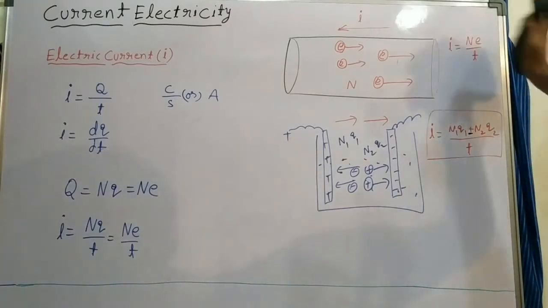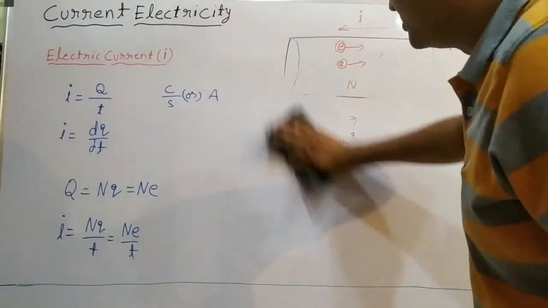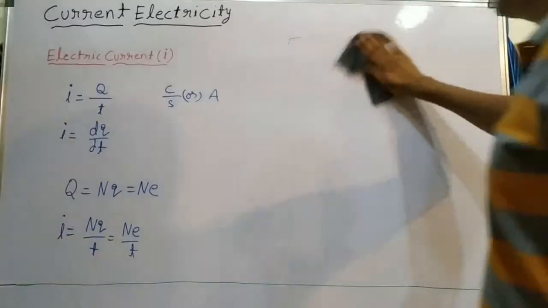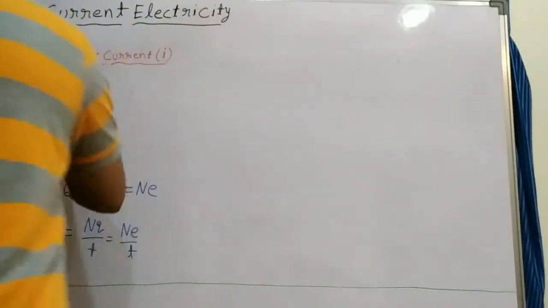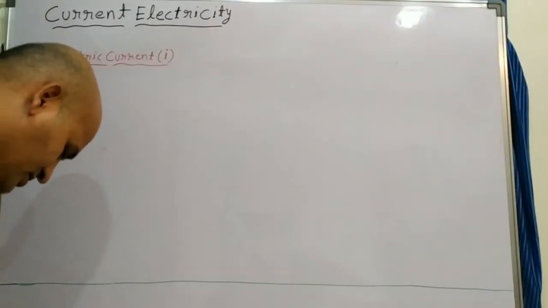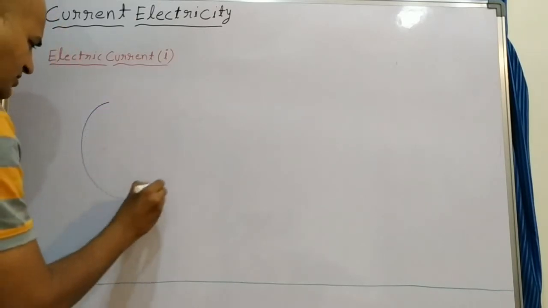Now see, if a charged particle is revolving in a circular path, what is the amount of current? So there is a charged particle revolving in a circular path.